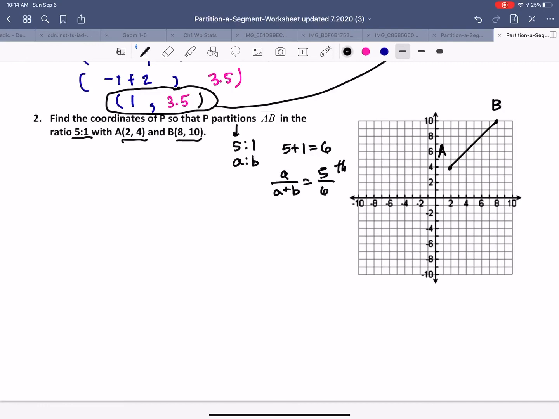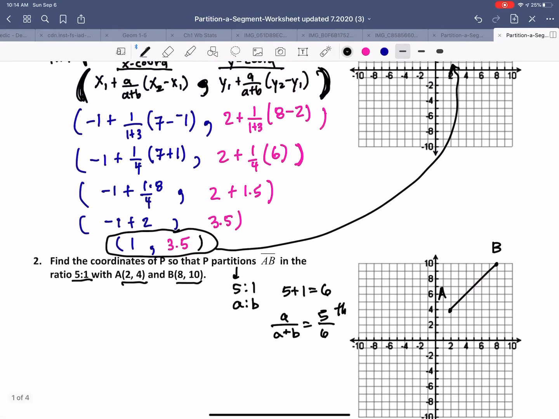So here's our formula, right? We already have this value, that fraction. I want to go 5/6 of the way there, and then subtract the 2 x coordinates. And then I've got my y coordinate, and I want to go 5/6 of the way there and subtract the 2 y coordinates.